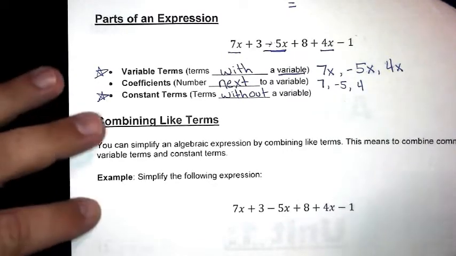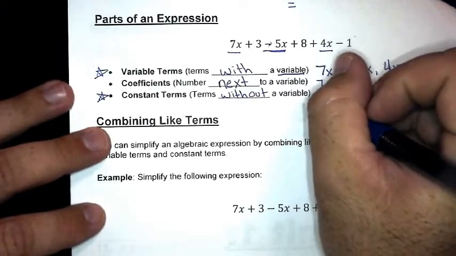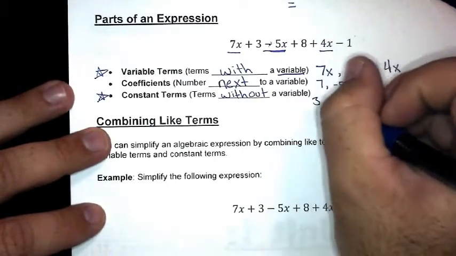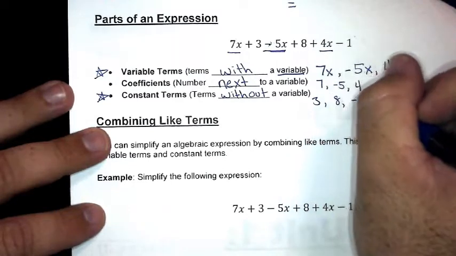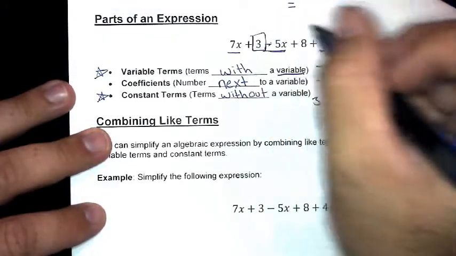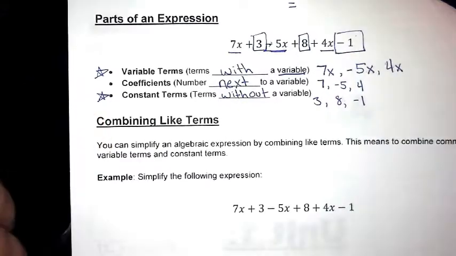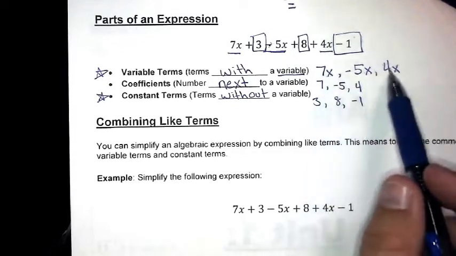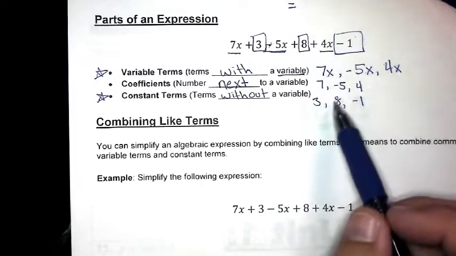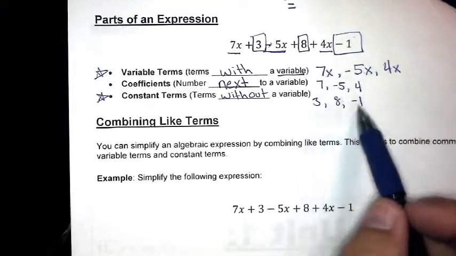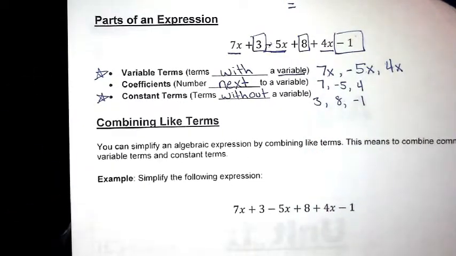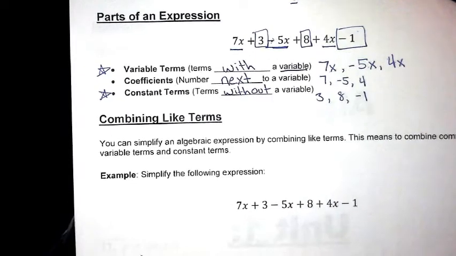Yes, sir. 3, 8, and negative 1, because there's a subtraction sign in front of it. What this is basically saying is we can combine our variable terms together and we can combine our constants together. That's the only reason we need to know the two parts, to figure out which ones we need to combine.